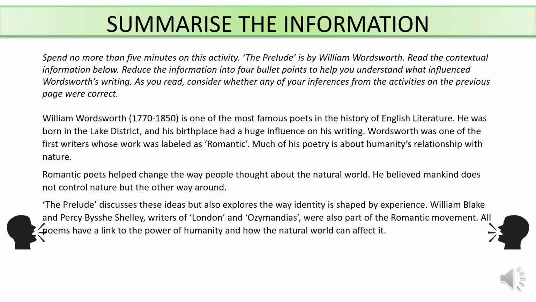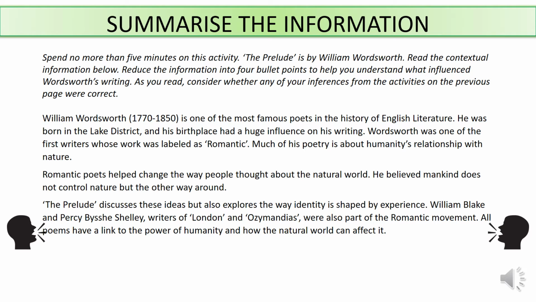It has these beautiful, vast lakes and mountains, and it still looks very similar today to the Lake District William Wordsworth actually lived in. So the point is that he was surrounded by beautiful nature, and it had a massive impact on him. Romantic poets helped change the way people thought about the natural world.